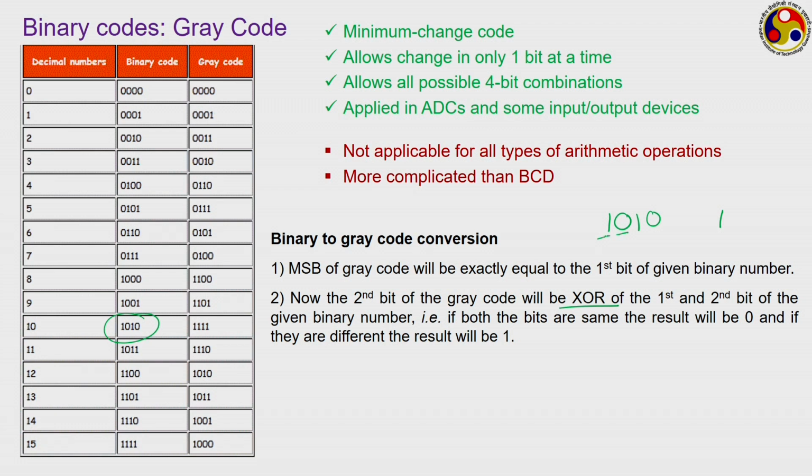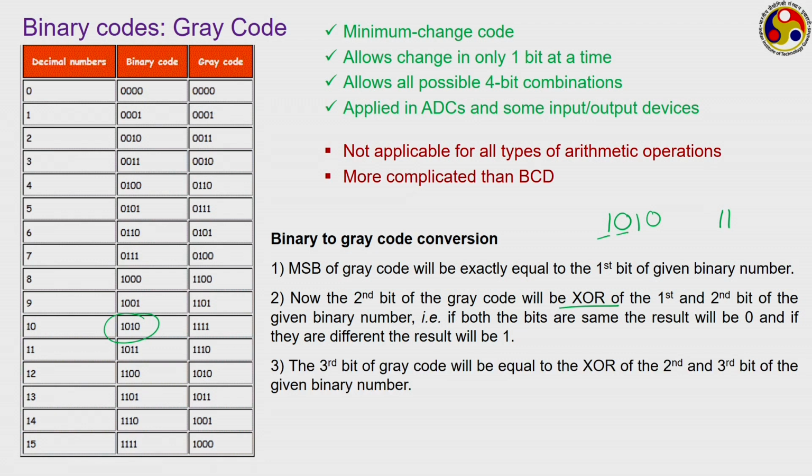I am making a mistake again: in an XOR operation, if both inputs are different, then the result will be 1, and if both inputs are the same, the output will be 0. Here your inputs are 1 and 0, so they are different, so your output has to be 1.